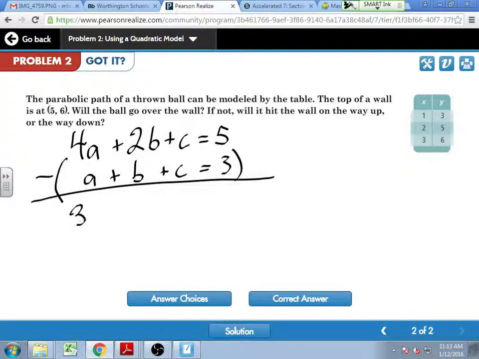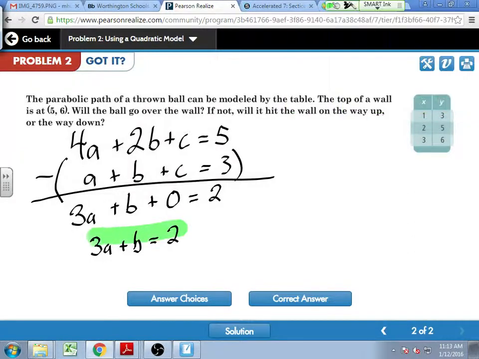So this becomes 3a plus b plus 0 equals 2. So really, 3a plus b equals 2.